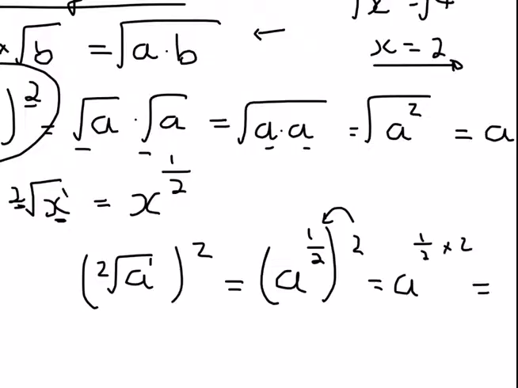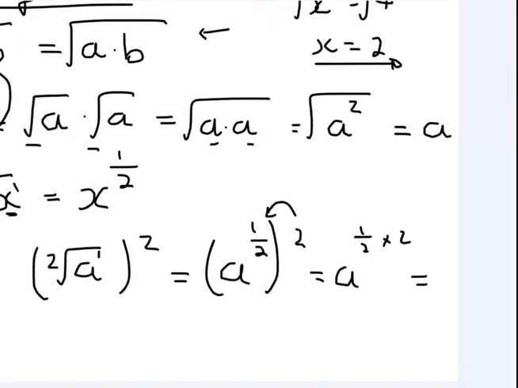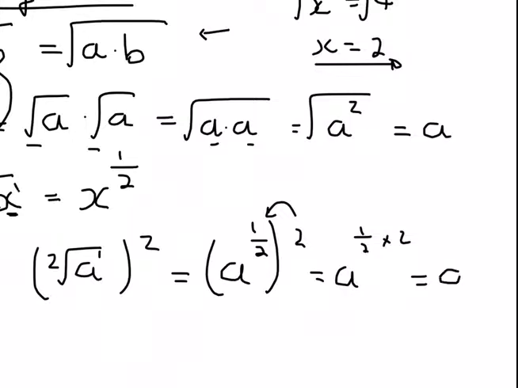That is why half of 2 is 1. That's why you will have a to the exponent of invisible 1, because that cancels with that, and then you just have 1, which is not necessary to write, but we know it's there as an invisible 1. I hope this part makes sense.